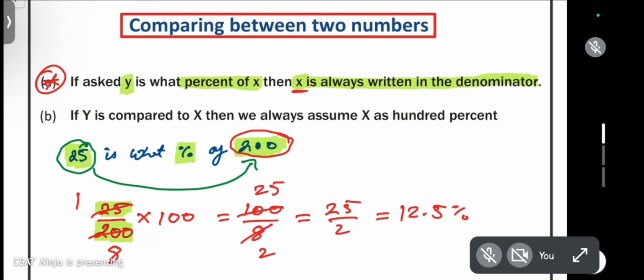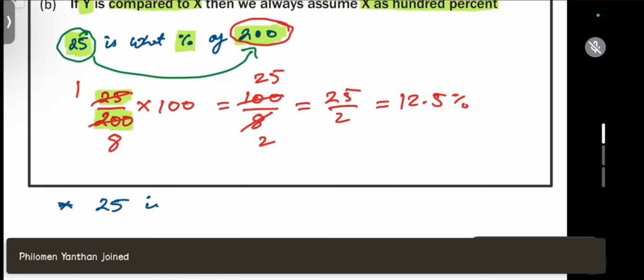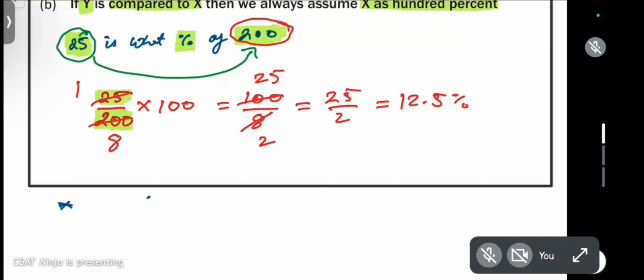And statement number 2 is this. If y is compared to x, then we always assume x as 100%. I'll give you an example so you understand properly. Let's say 15 is 25% of x.